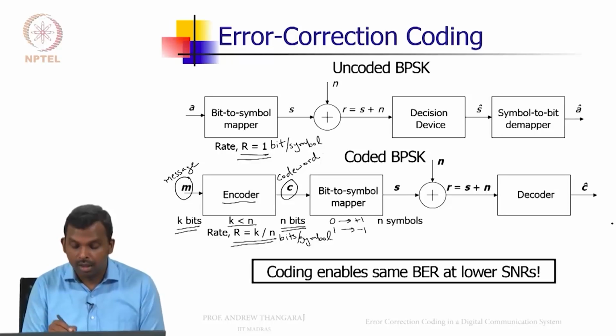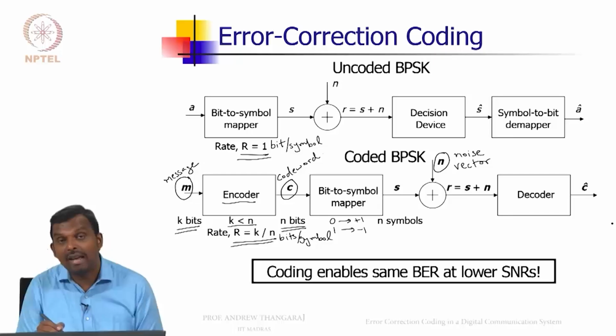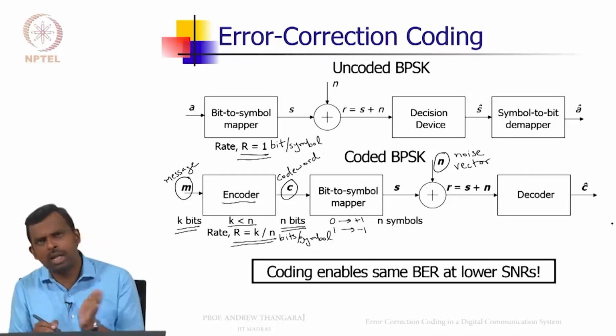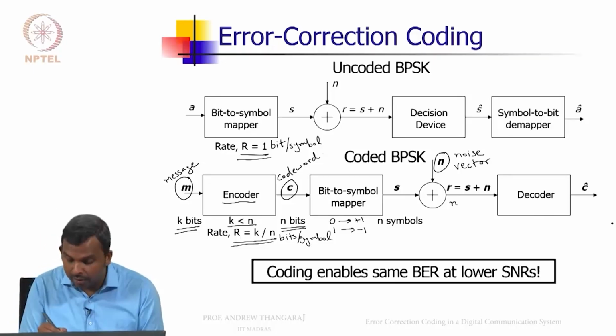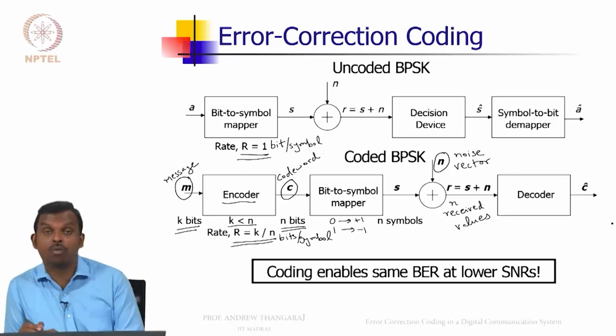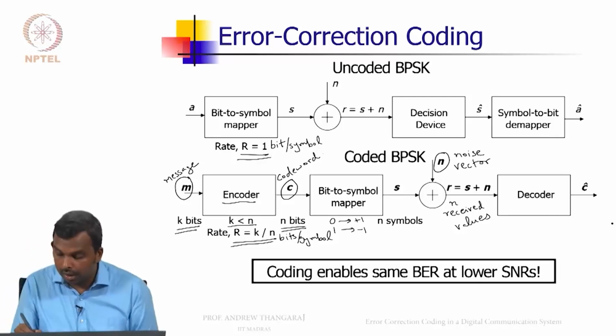You get a symbol vector S, and this goes through the AWGN channel, and you have a noise vector here, which will have n values of noise. They are all independent Gaussian, and you will have n received values. Now, you have the task of building a decoder which will take these n received values and put out an estimated code word, which is actually n bits.